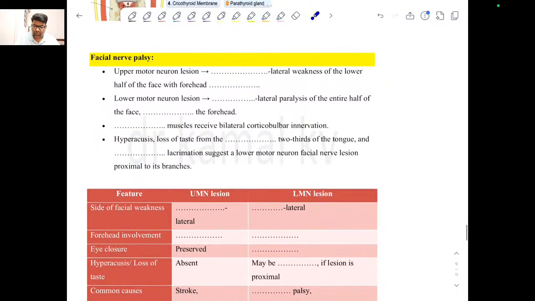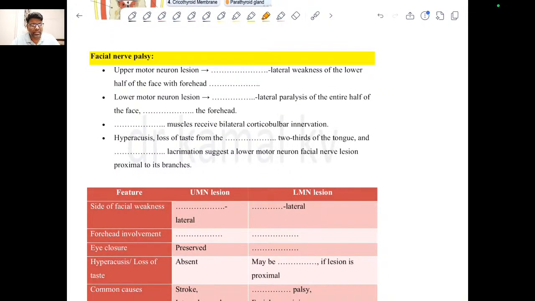Moving to the last topic for today, and that is facial nerve palsy. Now it has been asked many number of times, almost in every exam, whether it is FMG, NEET PG, INICET, and the question is usually about upper motor neuron lesion and lower motor neuron lesion. If the question is upper motor neuron lesion, then the findings are on the other side.